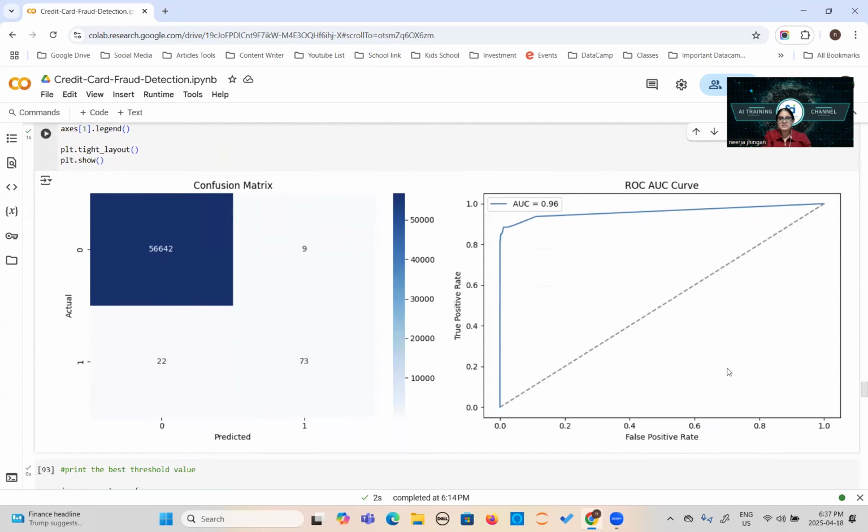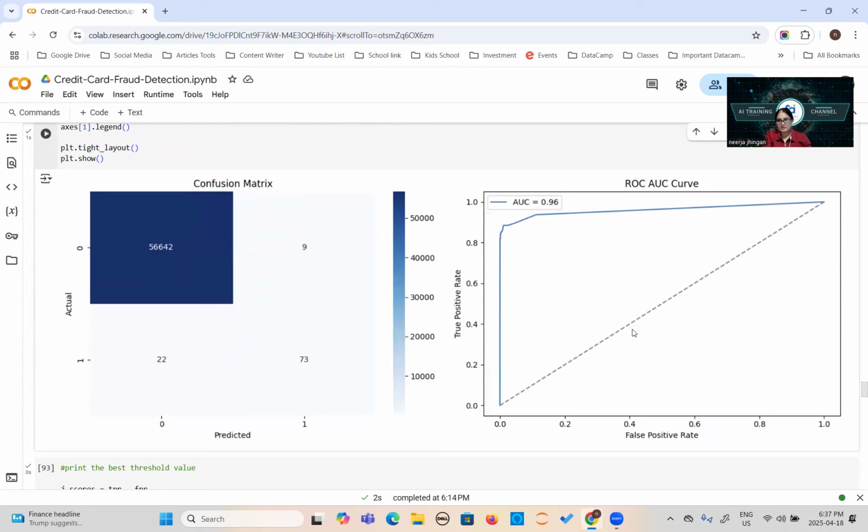Now look at this. First I will make you understand ROC. Here on the x-axis, this is false positive rate. False positive rate means your model is not able to predict correctly: the transaction was actually non-fraud, and it is saying no, this is fraud.